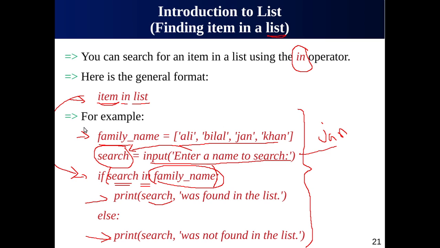We will see this program in the practical session, but the theoretical aspect is here. Syntax is important. First, you have to write the item for which you are searching. In is the operator, and list is the name of the list in which you want to search this item. So you can also search a list for any information provided by the user.